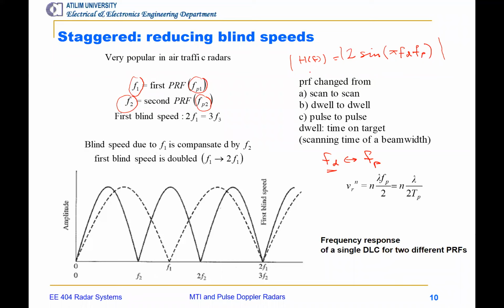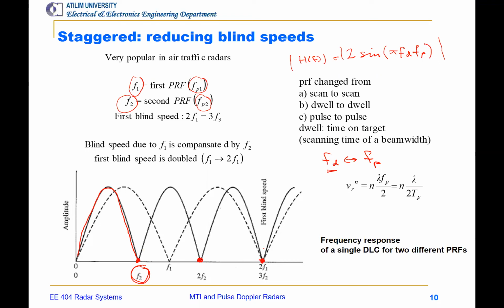So if we plot this transfer function, we see this solid line here. For every F2, let's say, value, we got a blind speed. So here is the first blind speed, here is the second blind speed, and then the third blind speed.